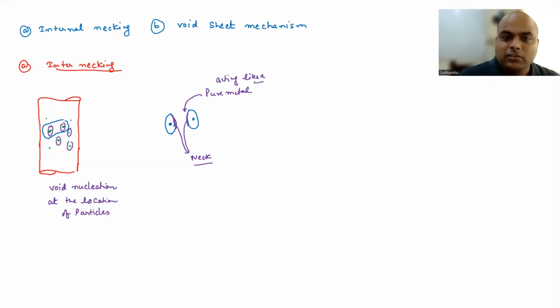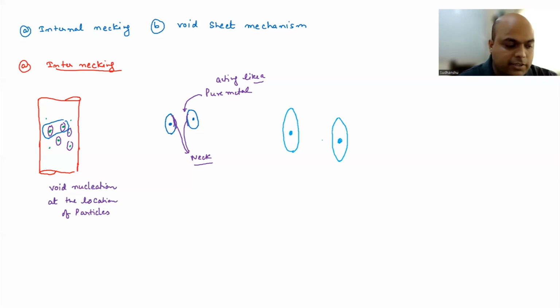Now think about it. This region is acting like a pure metal. There is a neck formation. Can we now say that this is going to rupture? During tensile loading, after neck forms, pure metals are going to rupture. So what we can draw now is a schematic like this: you have a particle, I will now magnify it, you have another particle, and you have these two voids here.